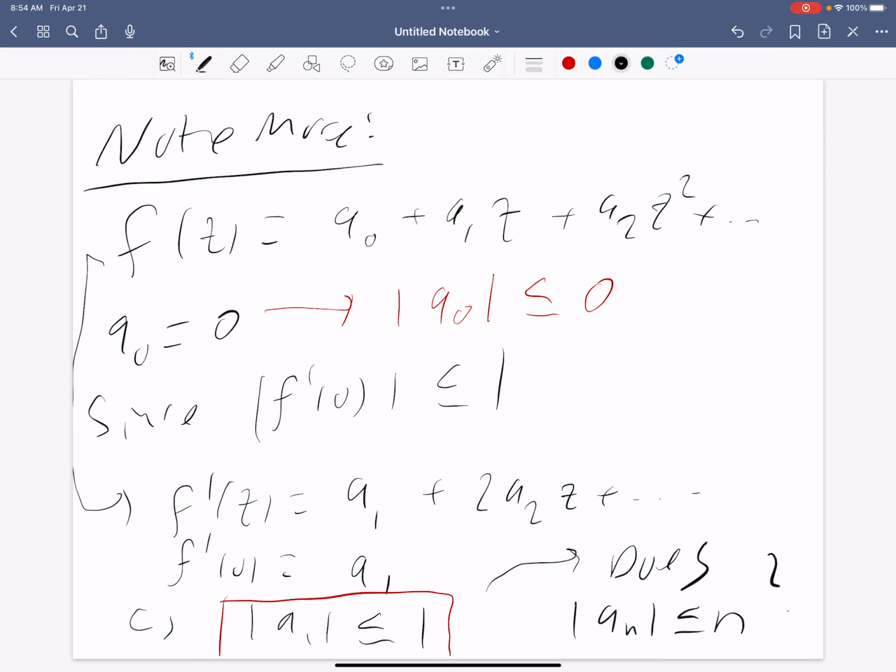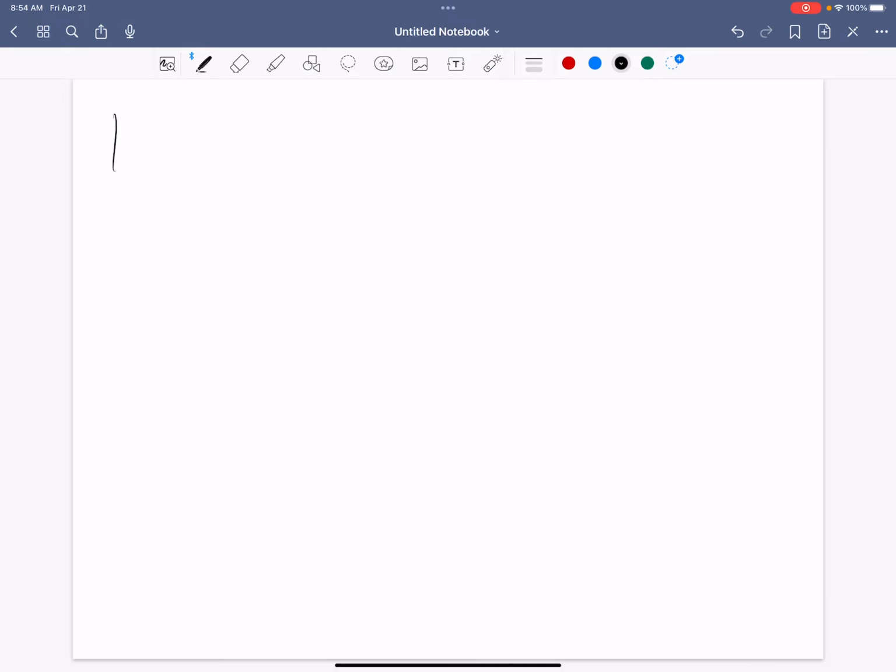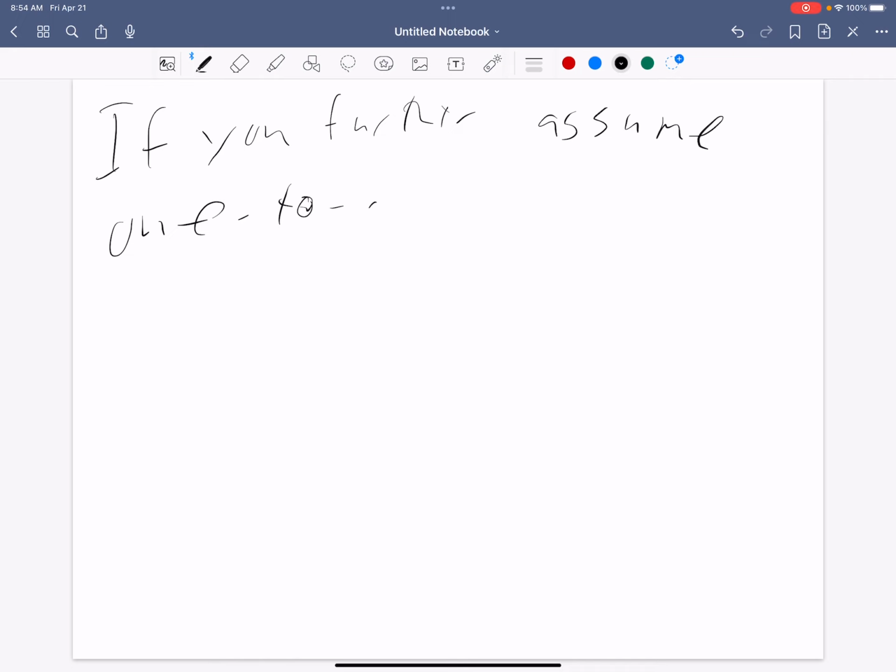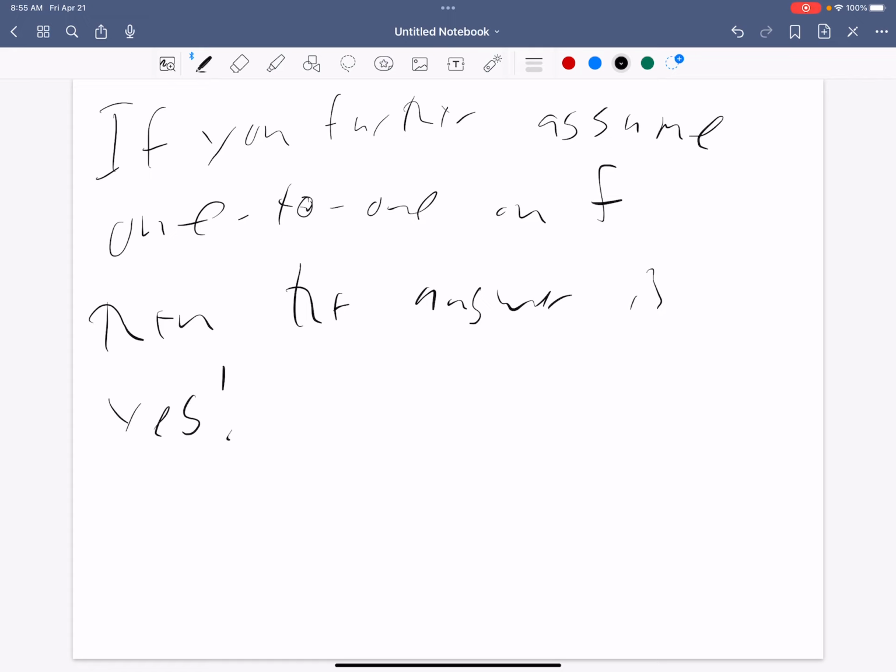This particular question, the answer in general is no, but if you throw in the following: if you further assume one-to-one, so if we assume our function is injective, then the answer is yes. Which is very exciting, and that's kind of an interesting thing.